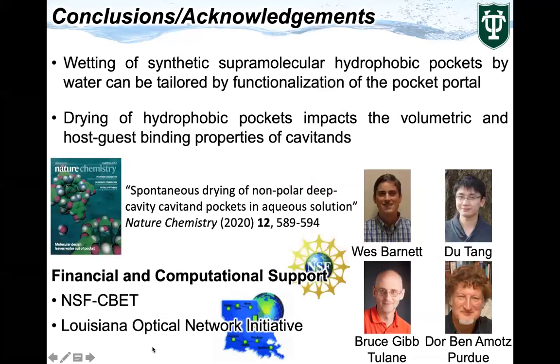In conclusion, what I hope I've been able to convince you is that we can look at the wetting of synthetic supramolecular hydrophobic pockets, or host pockets, that can be tailored by functionalization of the portal to the pocket, the entrance to the pocket. And that the drying of the hydrophobic pocket impacts the volumetric and host-guest binding properties of those cavitands.